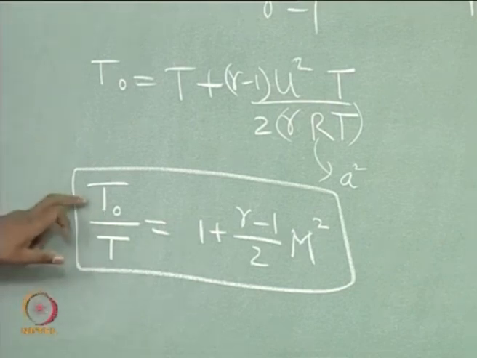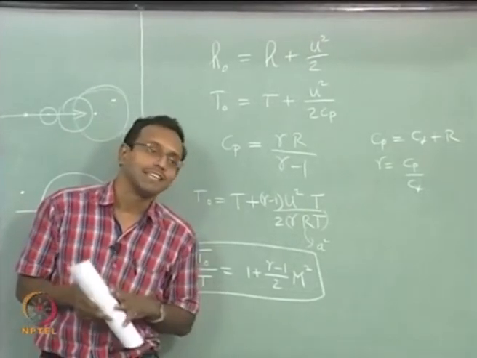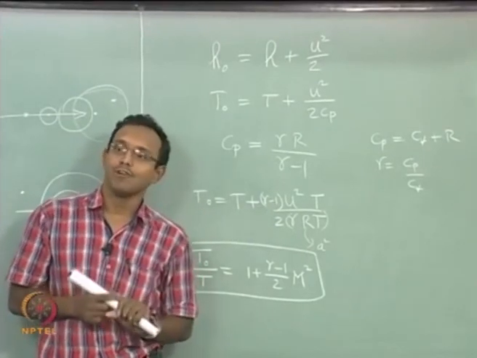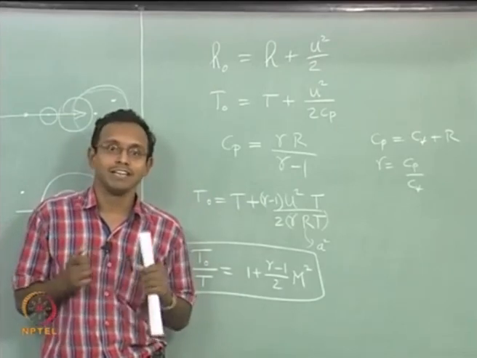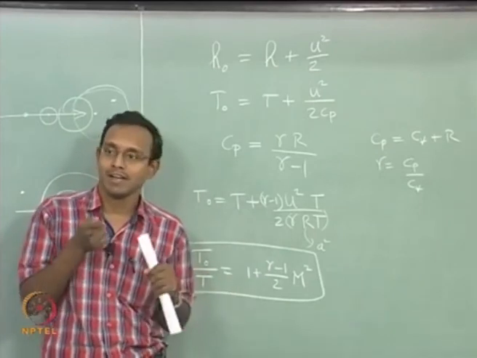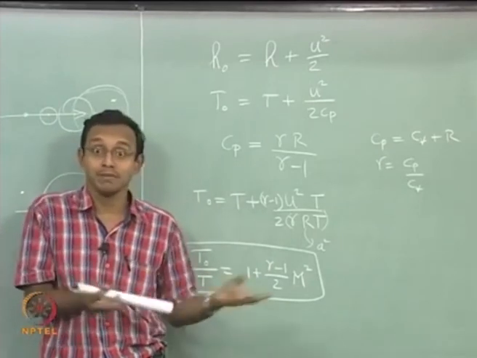When I gave these kinds of definitions, now I have to know the exact meaning of each of these. When I say static temperature, I mean if I follow the fluid, as in I am sitting inside the fluid element with a thermocouple, a temperature measurement device, in my hand, and I am measuring the temperature. I am being carried away by the flow.